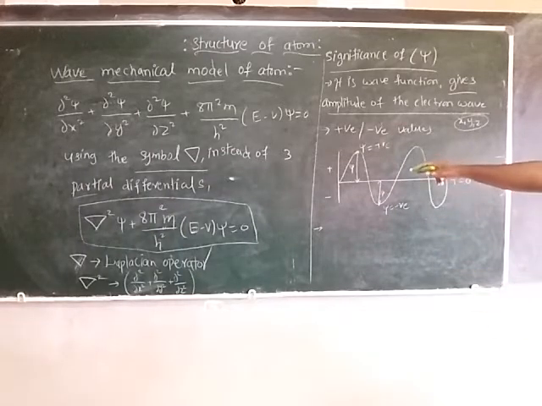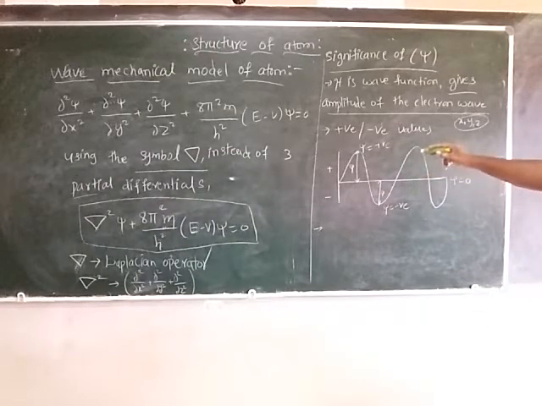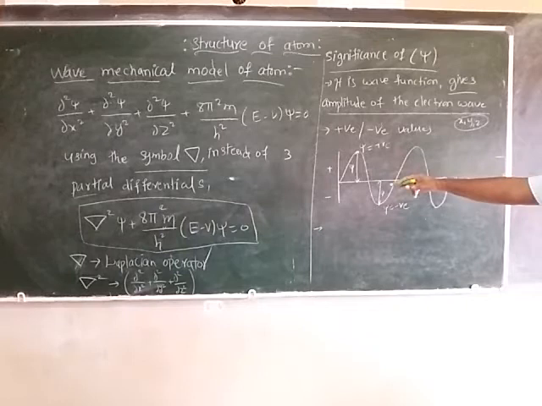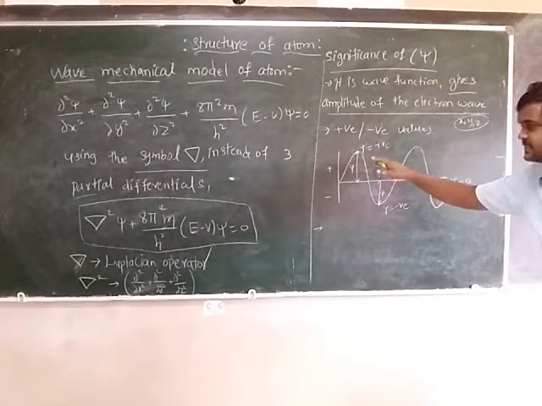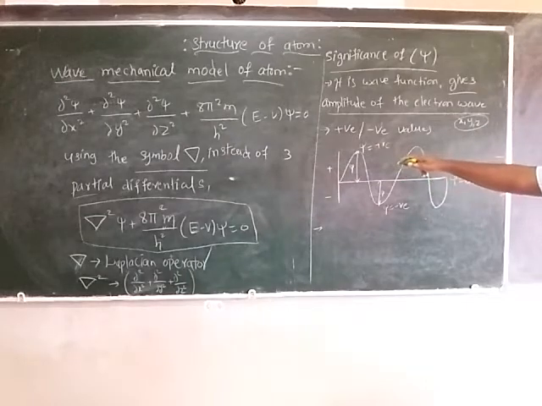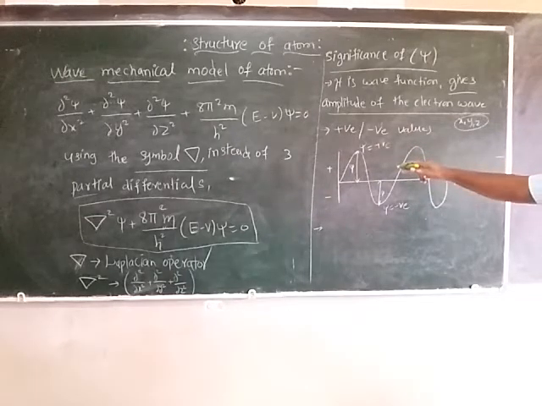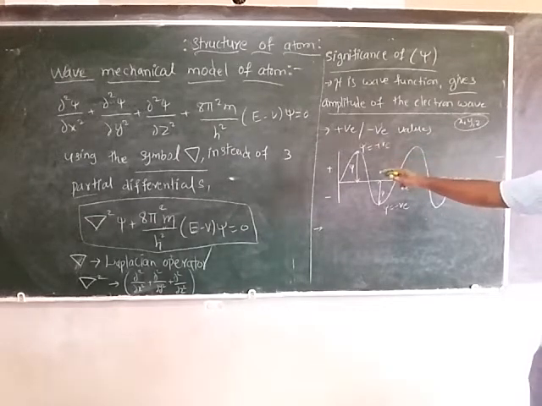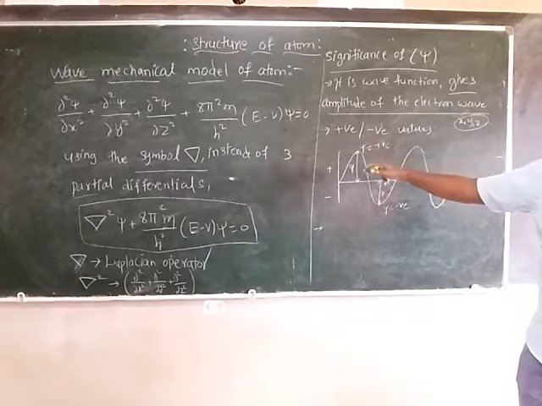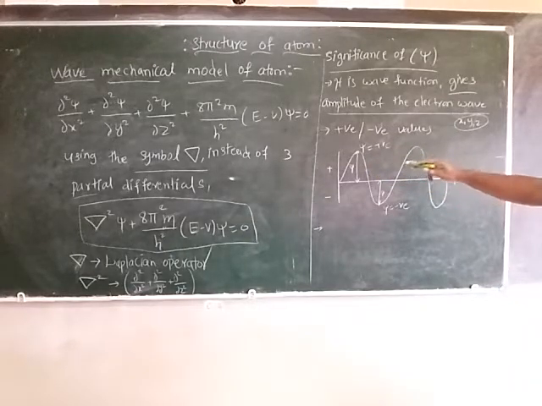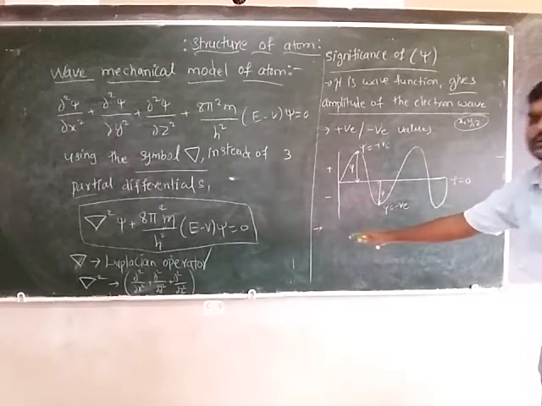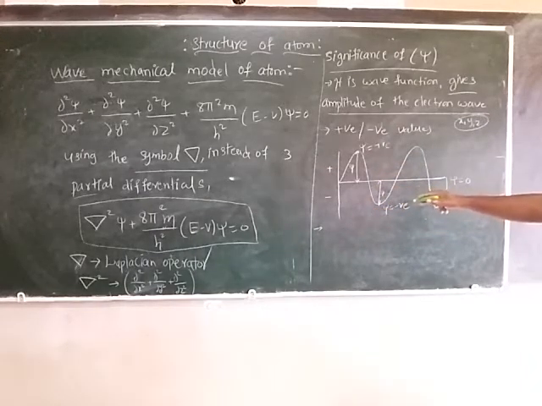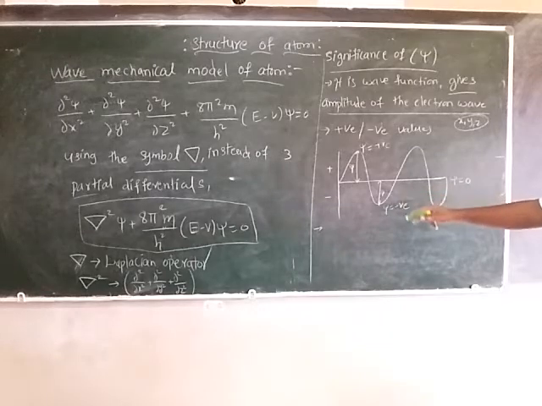If you observe the wave function, the value of amplitude increases and reaches the maximum, which is indicated by the peak in the curve. The value of amplitude again decreases after reaching the maximum.